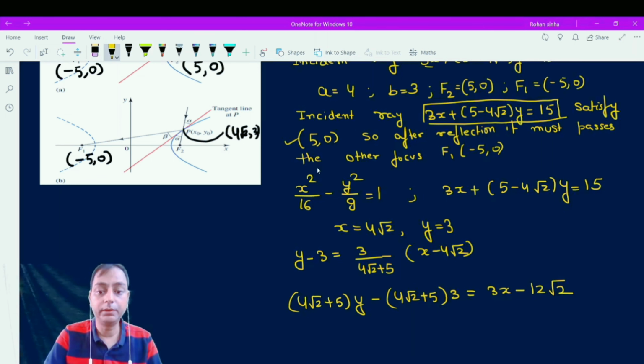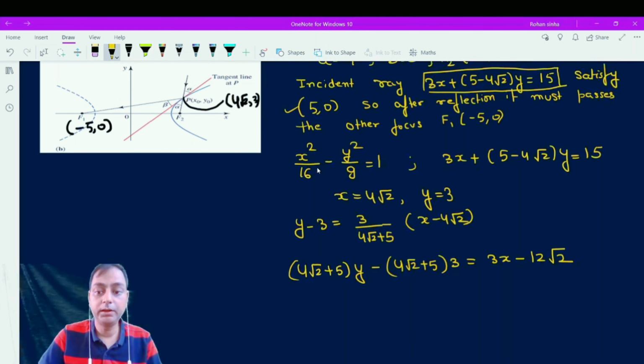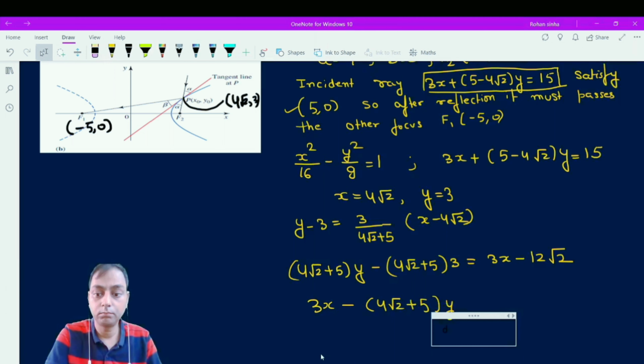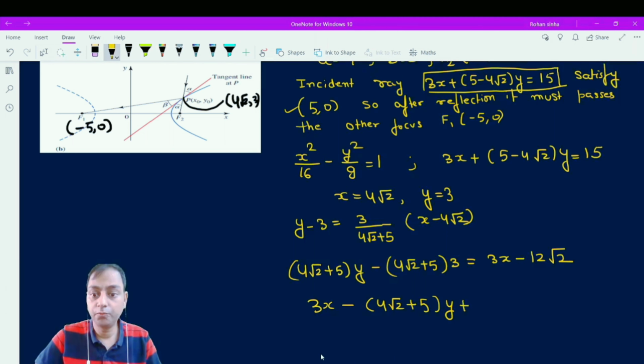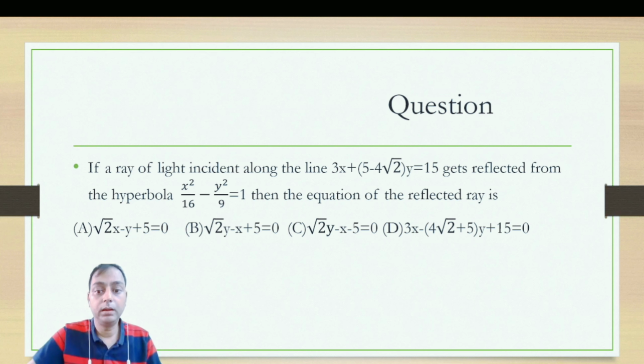So the answer is 3x - (4√2 + 5)y + 15 = 0. So the answer is option D.